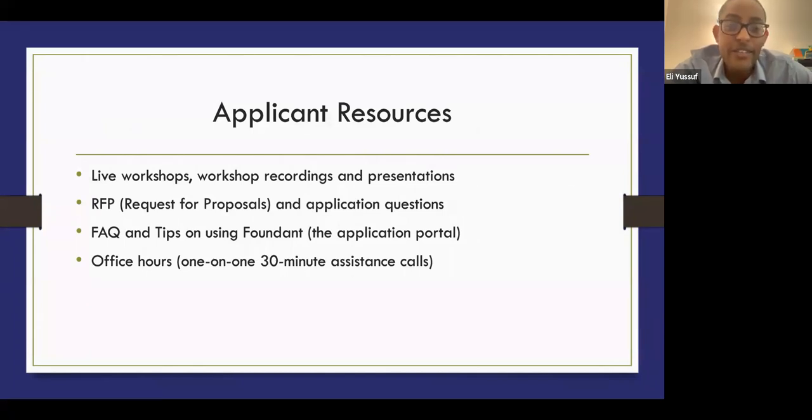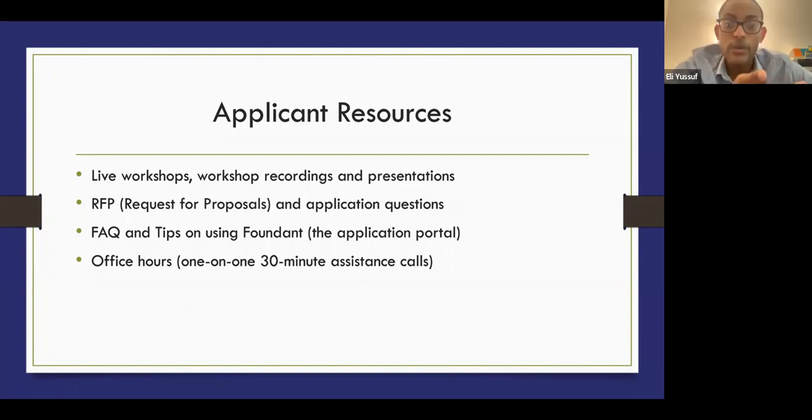If you cannot find a time slot, don't fret. You can just send me an email directly, and we can set up a time for us to discuss your proposal, and you can ask questions related to the application itself. If you have issues with Founded, so it's not just project related questions. You can just ask questions about Founded as well.